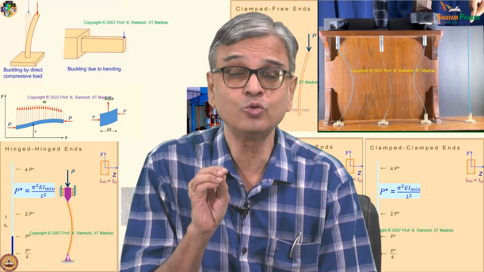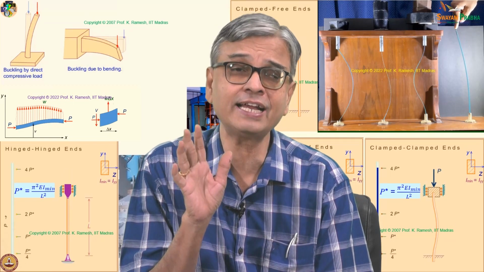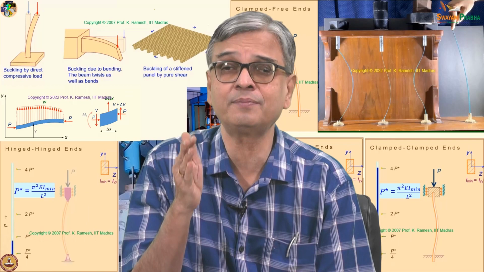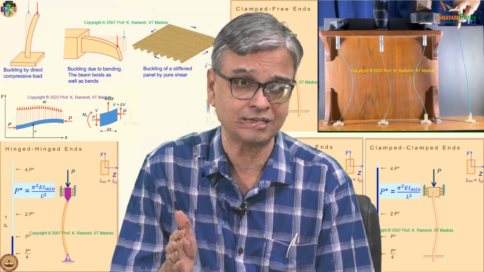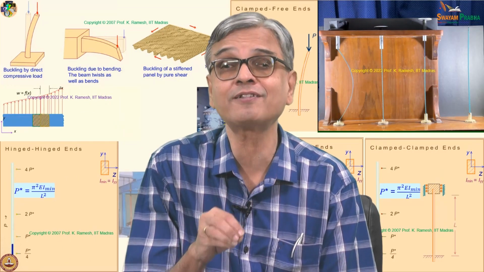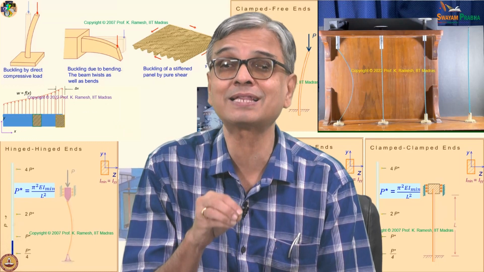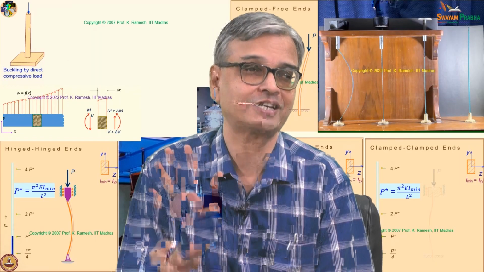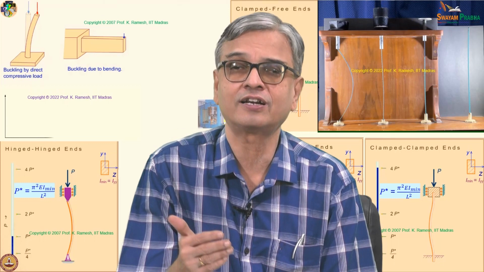We find out the critical load. The moment I get it and the column has buckled, I can see the deformation very clearly. You do not have to get the deflection.